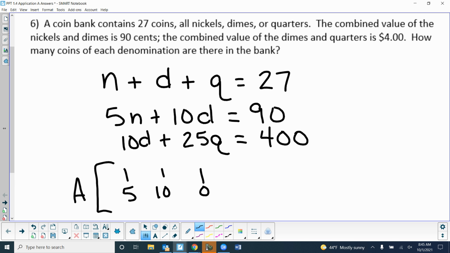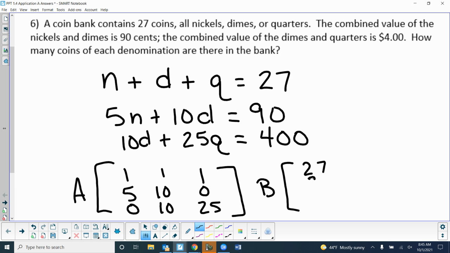You still got to put 0 in the quarter spot. And then the bottom row would be 0 for nickels, 10 for dimes, 25 for quarters. So there's our A matrix. Does that make sense? That's really important. You've got to make sure all of it lines up. And then our B matrix is just the 27, 90, and 400.